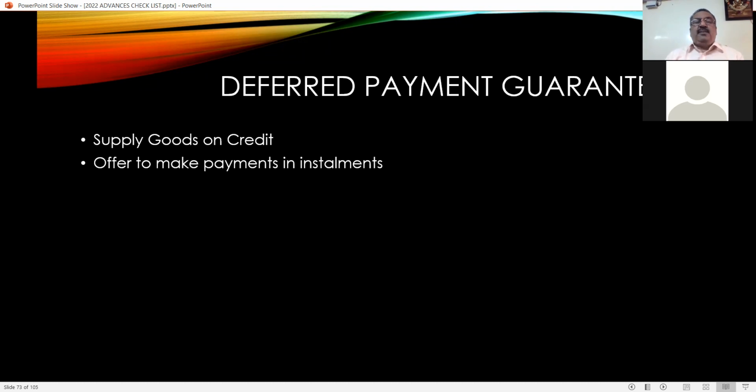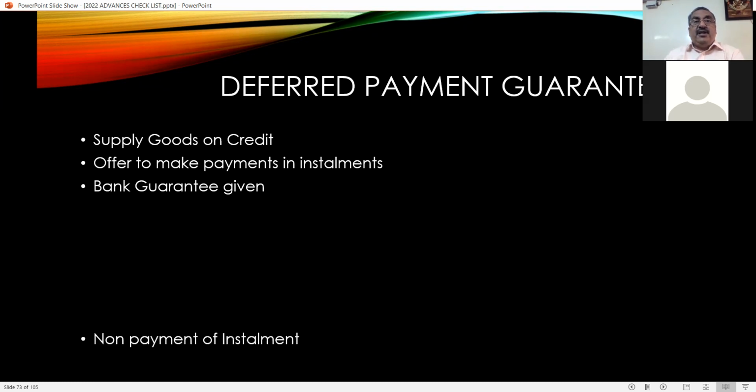Bankers issue the deferred payment guarantee based on the transactions they already have with the borrower. If the 2 lakhs every month is not paid by the borrower to the supplier, then the banker has to pay the supplier, and this 2 lakhs has to be recovered from the borrower. For that, they would have obtained some collateral security, some deposits and so on. So this is offered to make the payment in installments, and for that, bank guarantee is given.